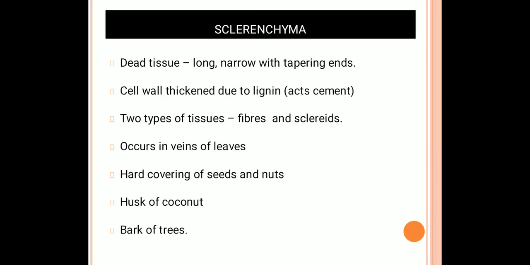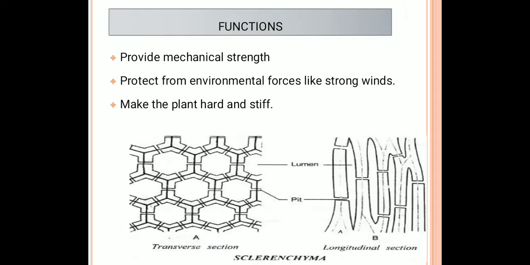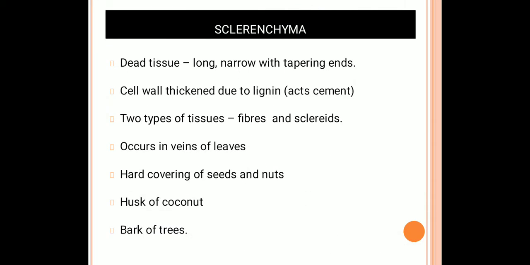The next one is the sclerenchyma. Sclerenchyma is a simple permanent tissue. The cells of this tissue are dead. The structure is long and narrow with tapering ends. The cell wall is thickened due to lignin, a chemical substance that acts as a cement and hardens the stem.